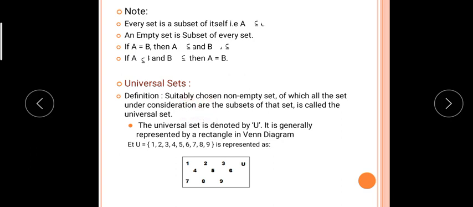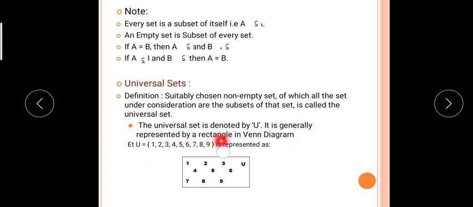A suitably chosen non-empty set of which all the sets under consideration are subsets, and only then can we call it a universal set. It is denoted by the capital letter U.